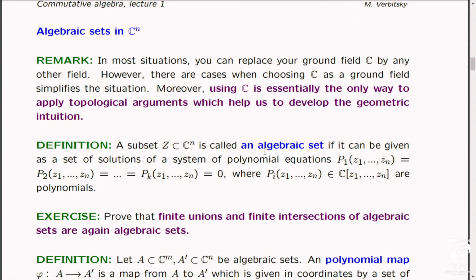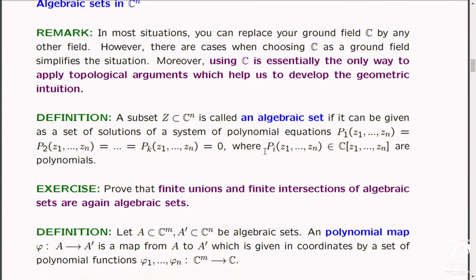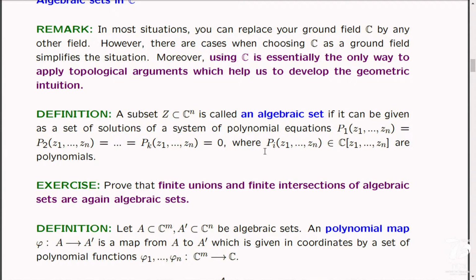But since I would prefer to use geometric intuition, I'm not going to do that. So for me, all rings are algebras over C. This is the running assumption. Of course, you can modify all arguments in the end. And in fact, in the end, we will have another proof of the Hilbert Nullstellensatz, which doesn't use C. You can use it over every ring.